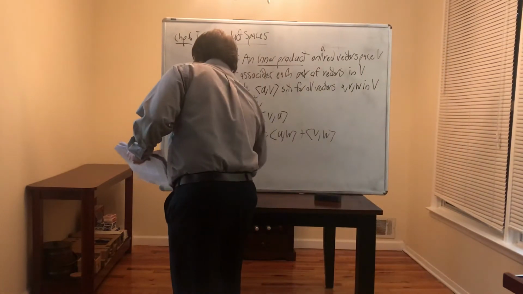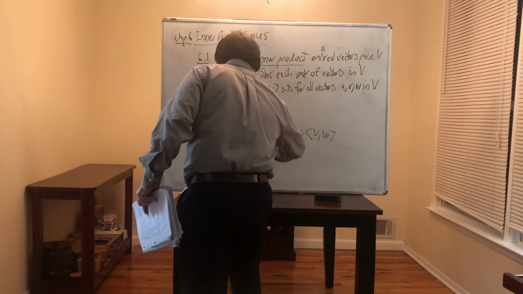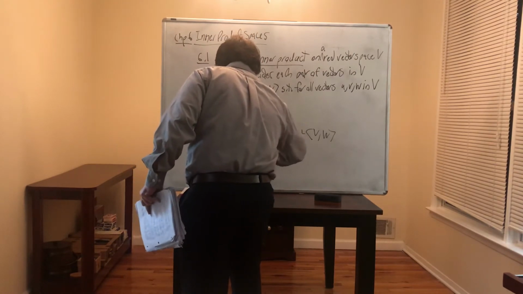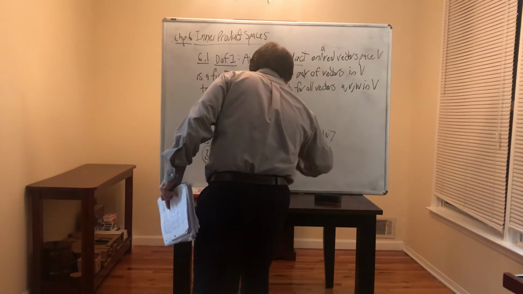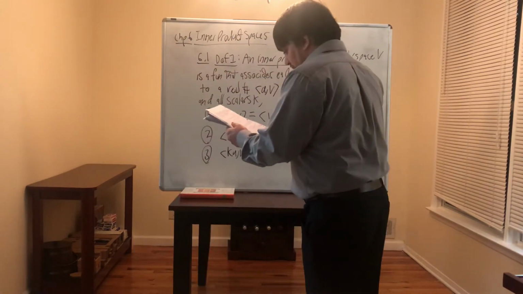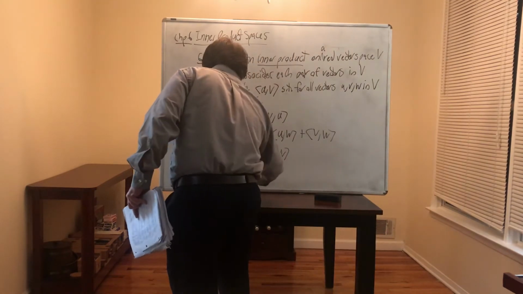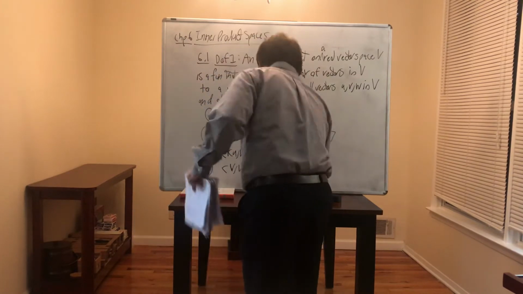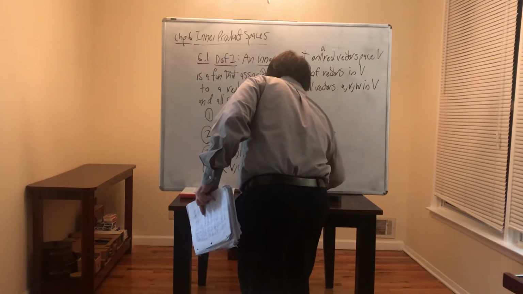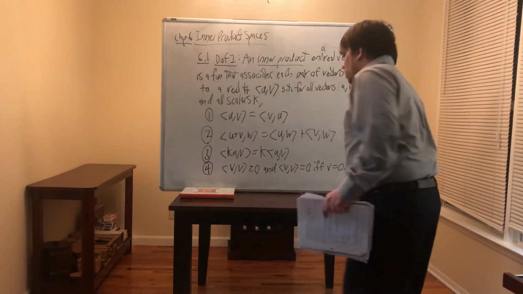The third one is the inner product of KU and V is equal to K times the inner product of U and V. That's the homogeneity axiom. And 4, the inner product of V with itself is greater or equal to 0, and the inner product of V with itself is 0 if and only if V is 0. That's called the positivity axiom.